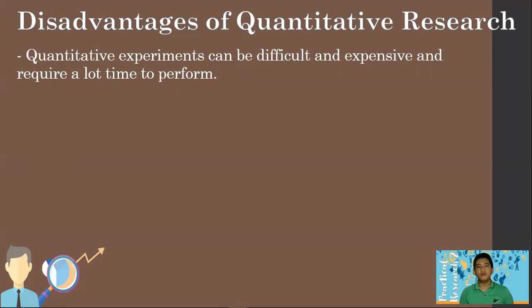Bakit? For example, if you are a scientist and you want to come up with a new idea or a new product and you want to test the efficacy and efficiency and the effectiveness of your product, then you are going to come up with an experimental type of quantitative research.